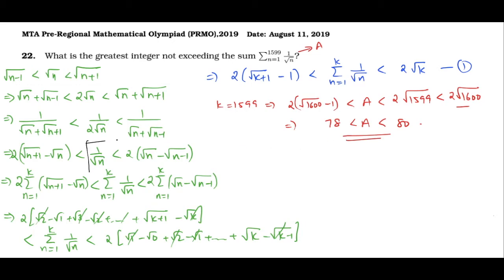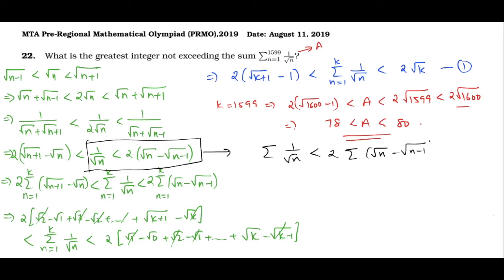In this result, if I apply summation on 1 by root n in the right hand side term, in the limits n is equal to 2 to 1600, we get this term is slightly different from a.